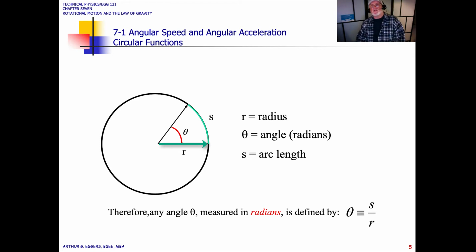So what we're going to do here is we're going to create something that I call the unit circle, and the unit in this case is the radius. Okay, the radius will equal 1.